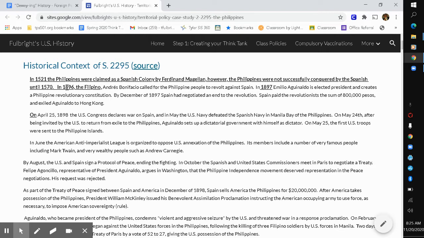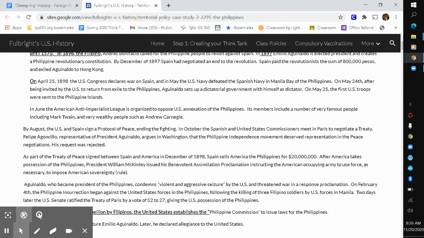In 1896, a Filipino calls for the people to revolt against Spain. In 1897, Emilio Aguinaldo is elected president and creates a Philippine revolutionary constitution. Spain negotiated into the revolution and kicked Aguinaldo out of the Philippines to Hong Kong.